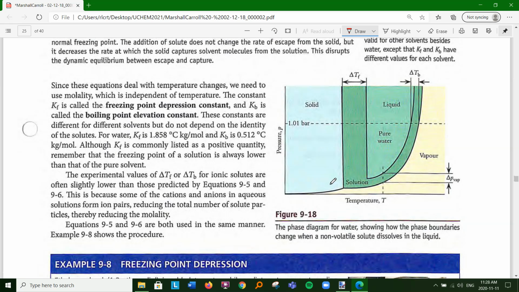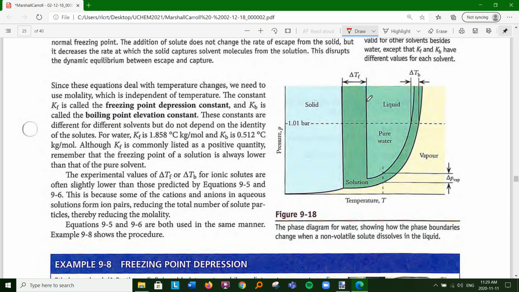So we have here, which one is which? This is our phase diagram for pure water. And then for the solution, let's see, what's going on here?